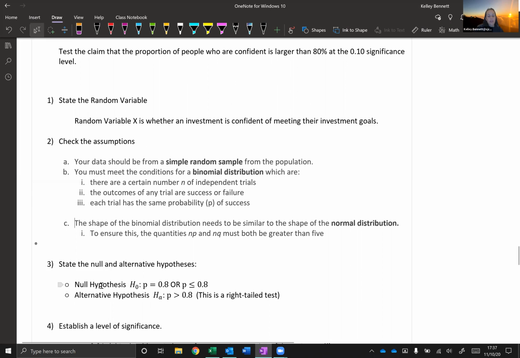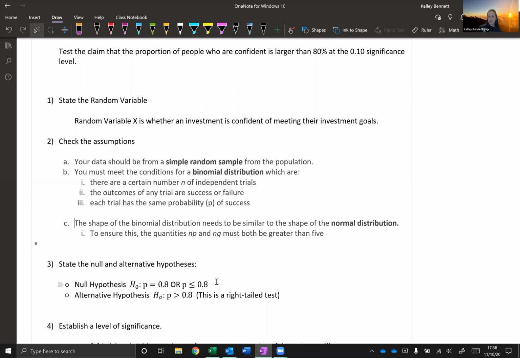And then for the null hypothesis, we're really used to writing it always as p equals blah, or mu equals blah, always equals. But it's justifiable, and we may see in some instances, like in MyMathLab, an option for p is less than or equal to 80%. And that's okay too, because really what happens is we're going to reject the null or fail to reject the null based on our p-value and our alpha value.